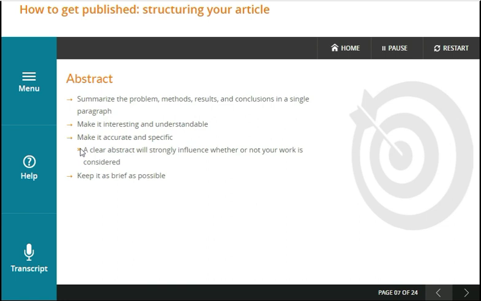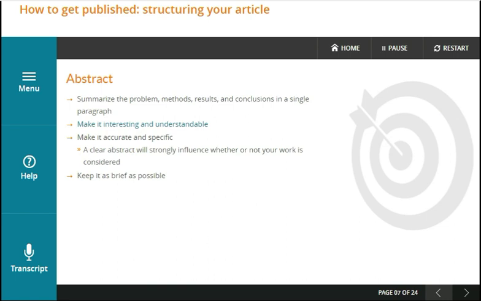If the title catches a reader's attention, the next thing they check is the abstract. The abstract is freely available in electronic abstracting and indexing services, such as Scopus, PubMed, Medline, and Embase. The abstract should be a single paragraph summarizing the problem, the methods, the results, and the conclusions.